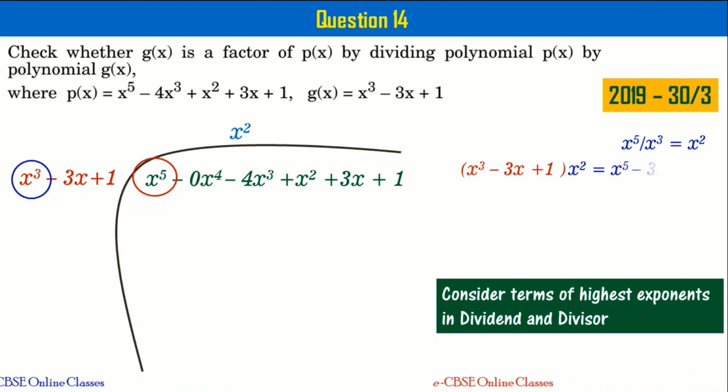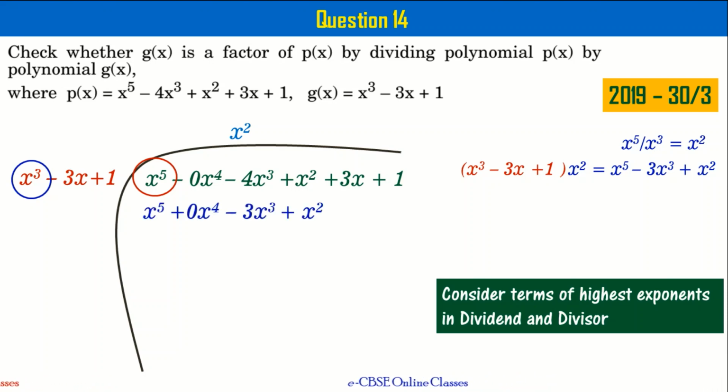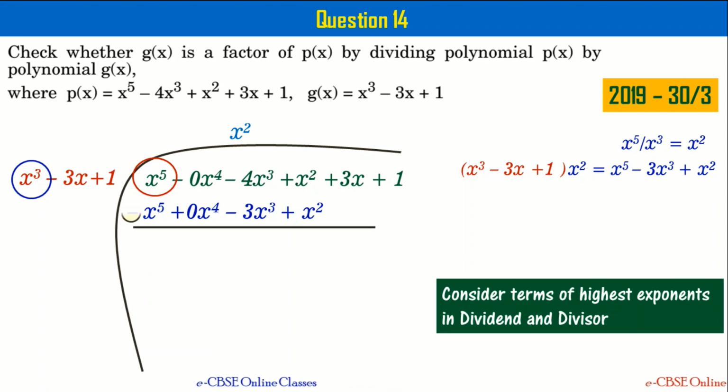The next step is let me multiply divisor with x square such that I get x power 5 minus 3x cube plus x square. The next step is we have to subtract this from the dividend given. When you subtract it, what you do is we simply change the signs of the expression written below and simply sum them, right?